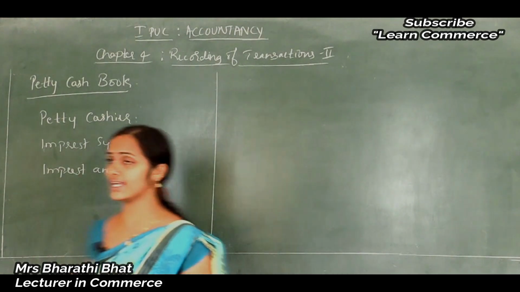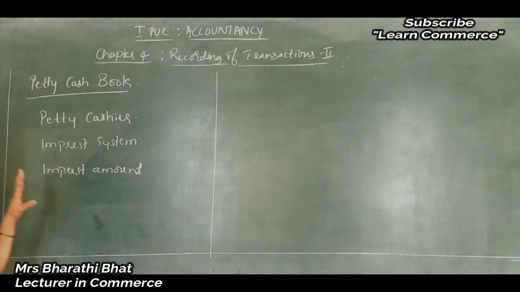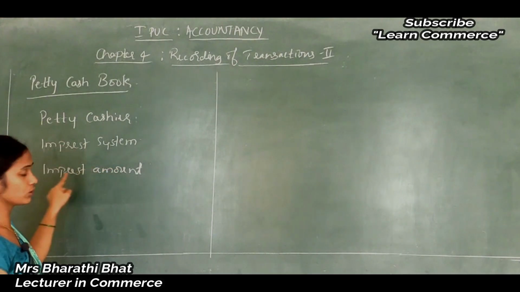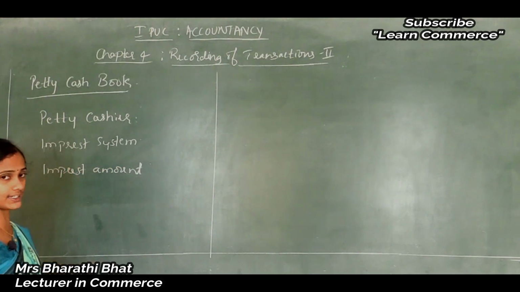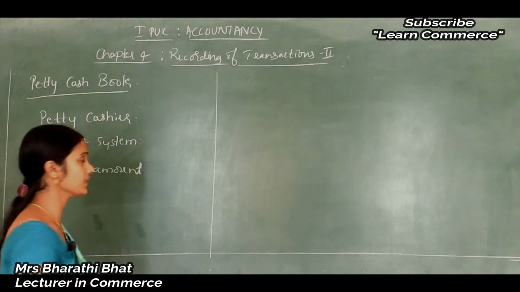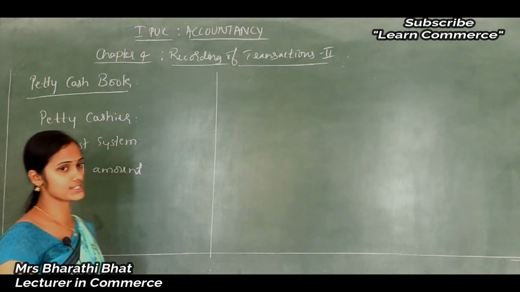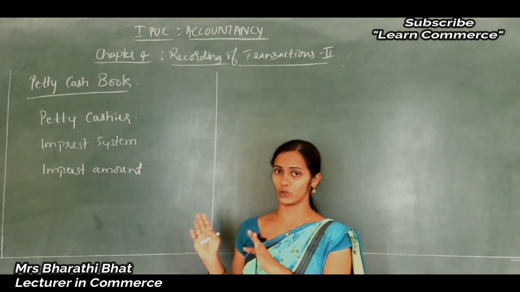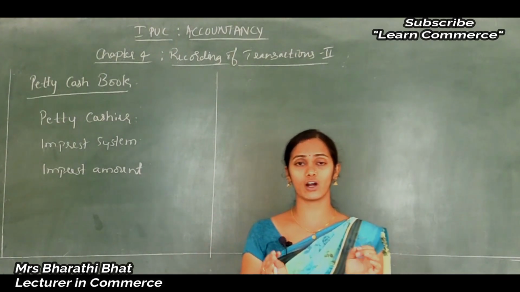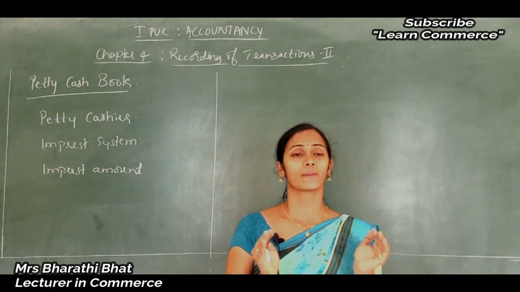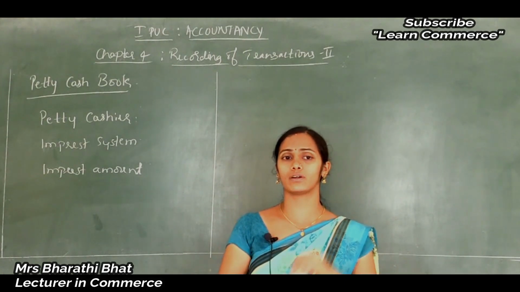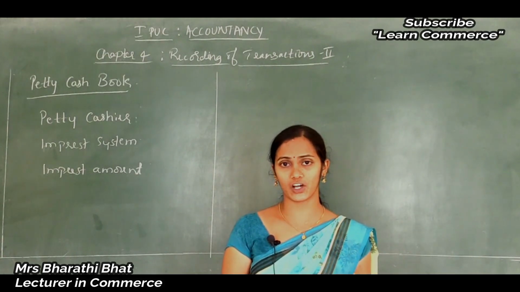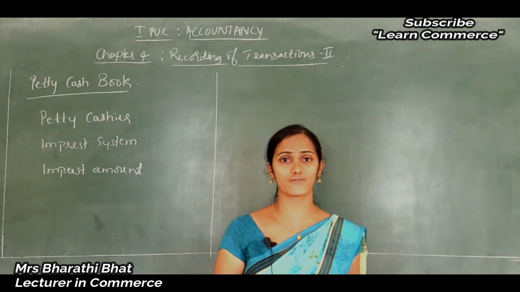So overall this petty cashier works on the imprest system. The amount which is given by the head cashier to the petty cashier is called the imprest amount. So this is about the petty cash book. Petty means very small. The petty cashier records very small payments, because in an organization there may be a number of small payments.